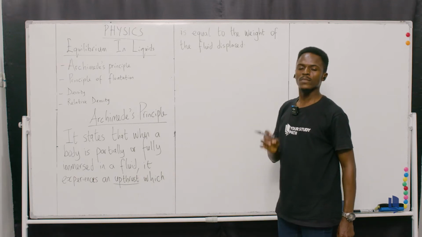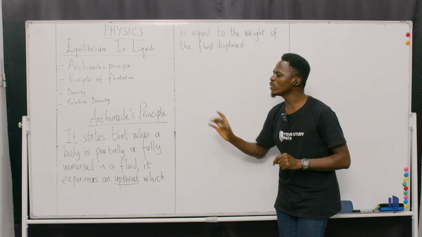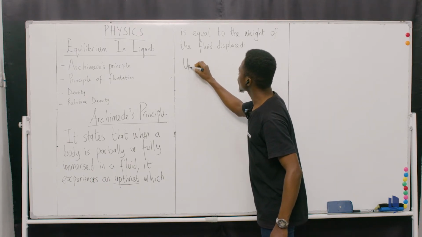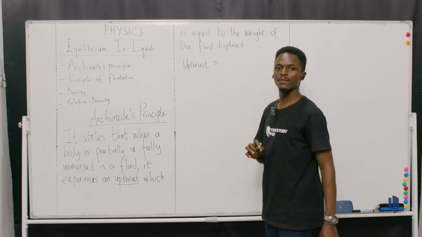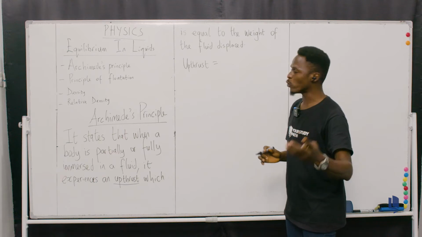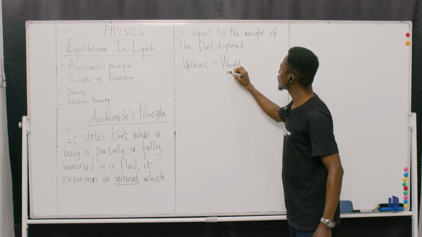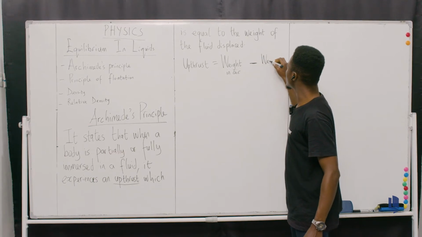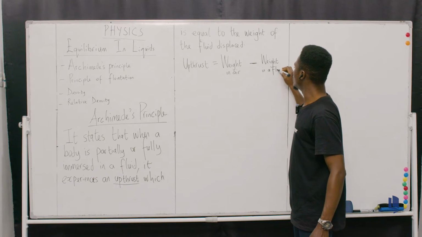Definition, upthrust is the word. Put that in mind. We can now say that according to Archimedes' principle, upthrust can actually be calculated. And how do we calculate upthrust? We say the weight of a body in air minus the weight in a fluid.